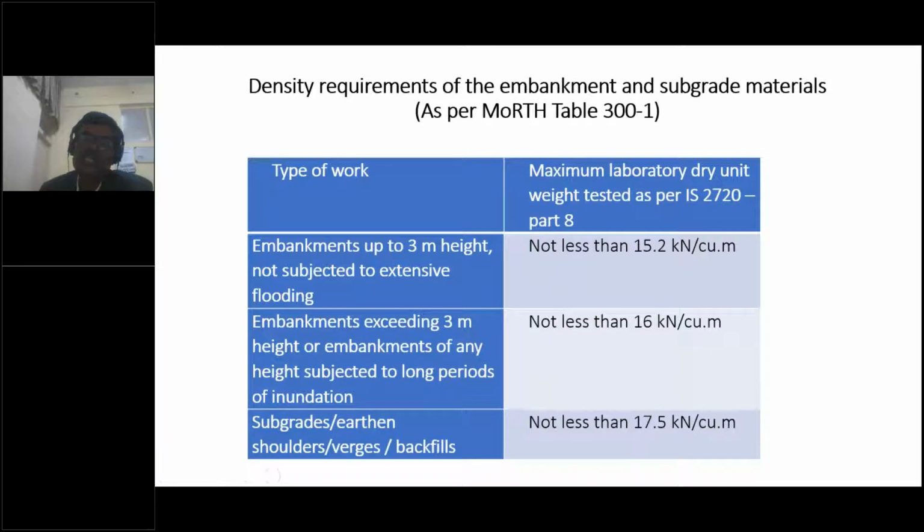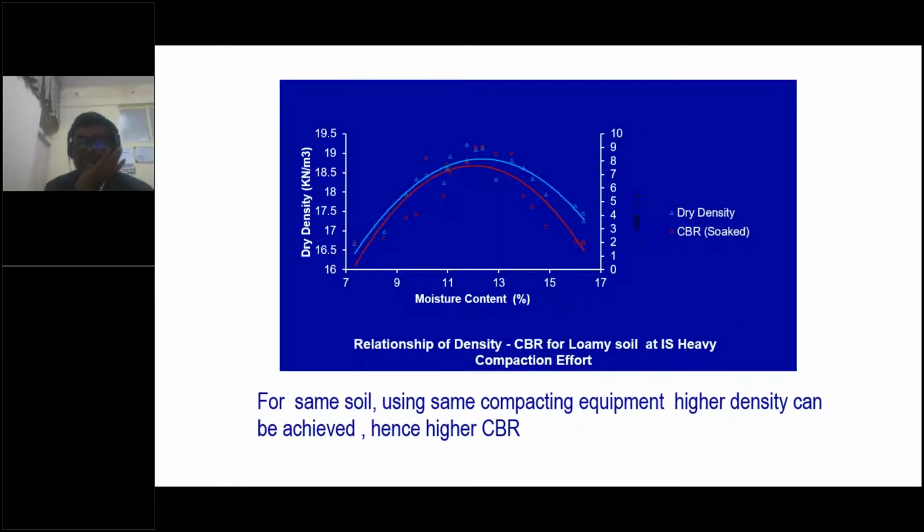If the subgrade or the embankment is subjected to extensive flooding, extensive inundation, then the soils should yield in the laboratory 1.52 gram per cc. What does it mean? Anything which gives less than this density in the lab is not qualified for use in construction.